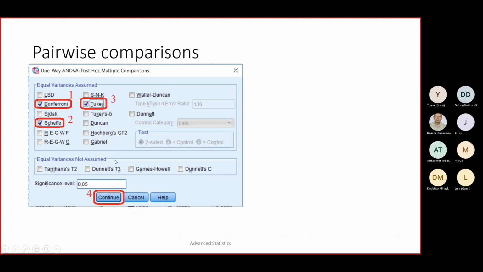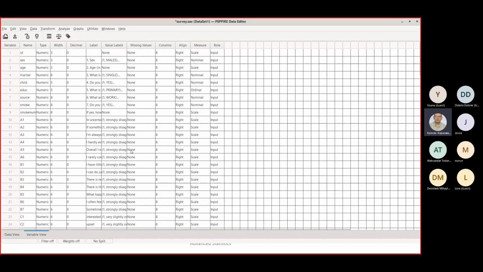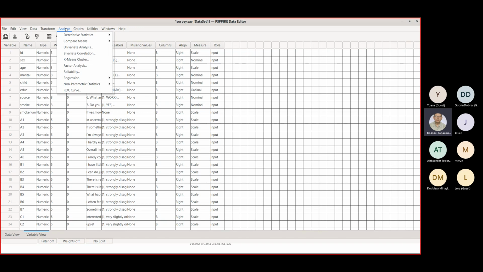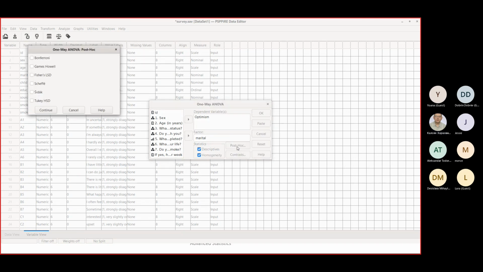But in PSPP, different methods are not separated in groups. So when I choose compare means one way, here we have a button for post hoc tests, but these methods are not separated in groups.